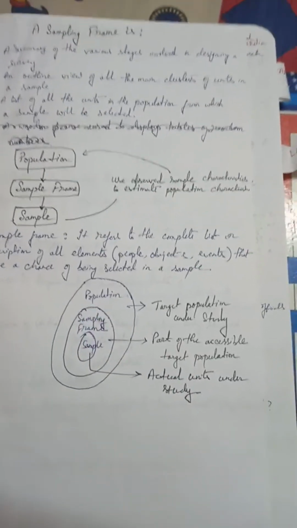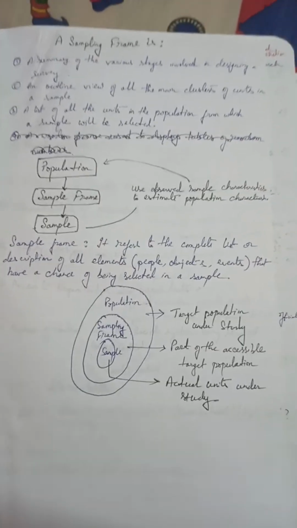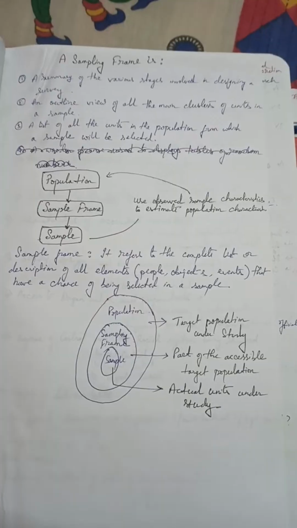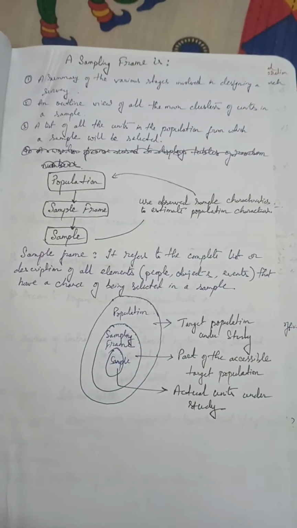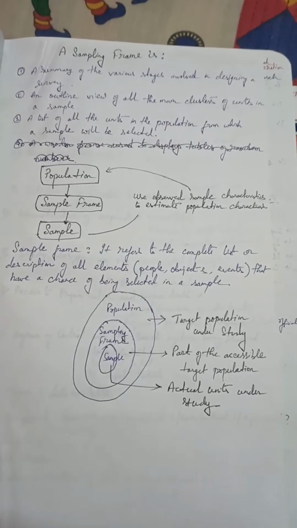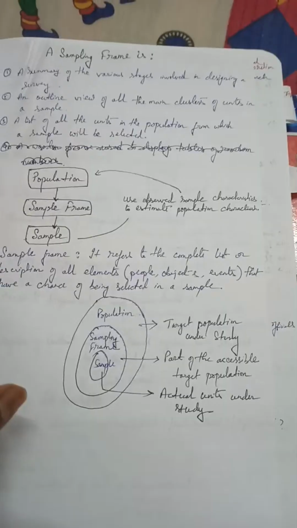So what is sample, what is population, what is sample frame? It can be stated that a sample frame is a list or database of all the elements. It can be individuals, units, or cases in the population from which a sample is drawn.